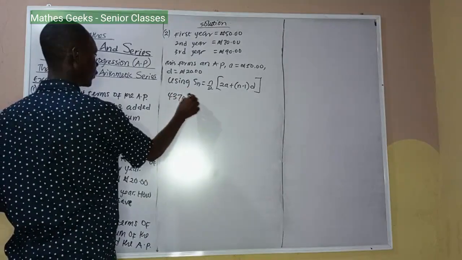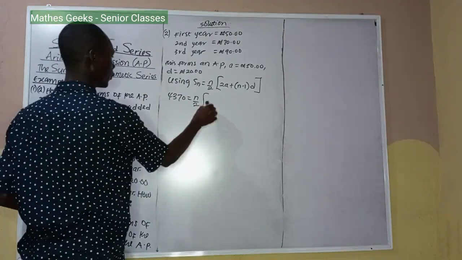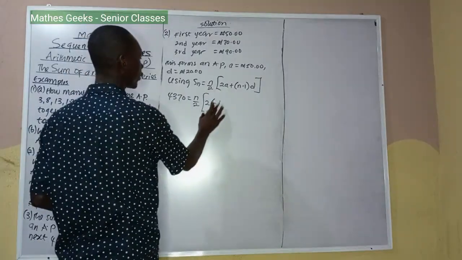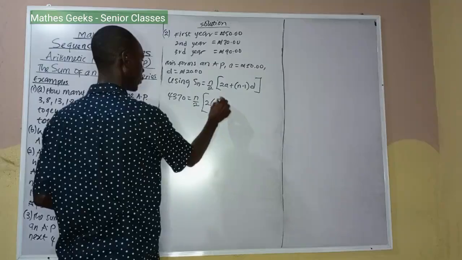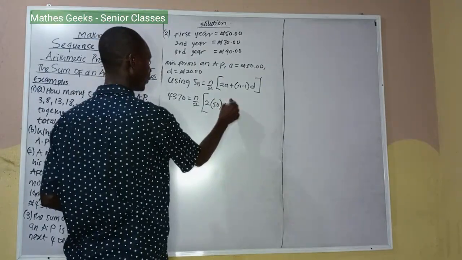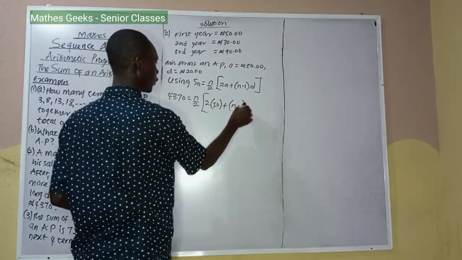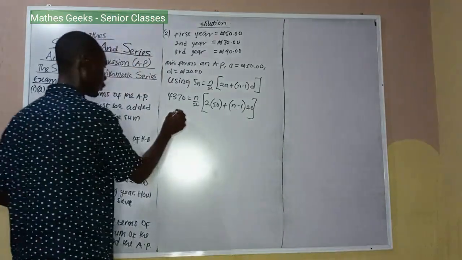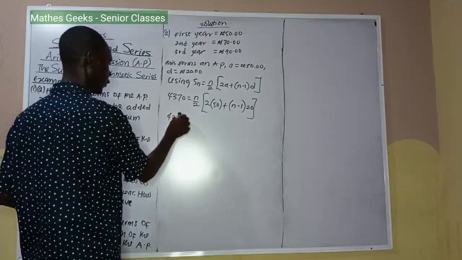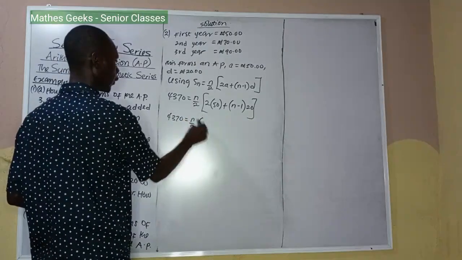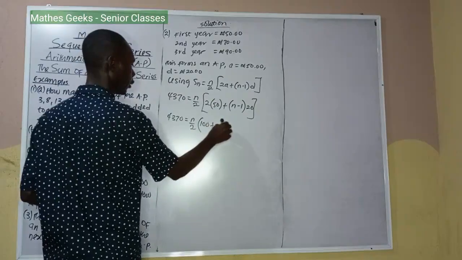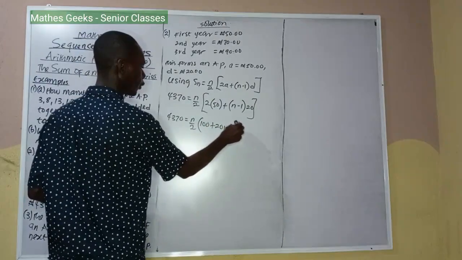4,370 is equal to n over 2, 2 times the first term, 15, plus n minus 1 times the common difference, 20. So 4,370 is equal to n over 2, 100 plus 20n minus 20.